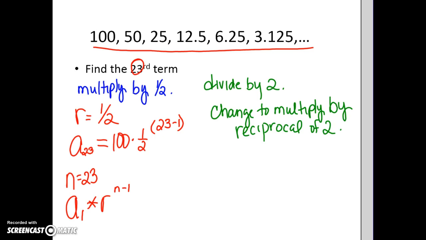Order of operations is so very important in this problem. The order of operations tells me I must do grouping symbols first. So 23 minus 1 is 22. I'm going to write this down: A to the 23 equals 100 times 1/2 to the 22nd power.